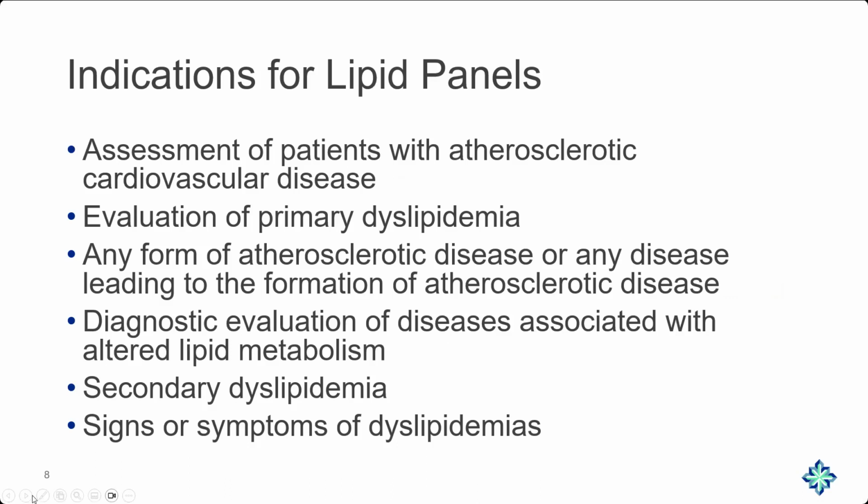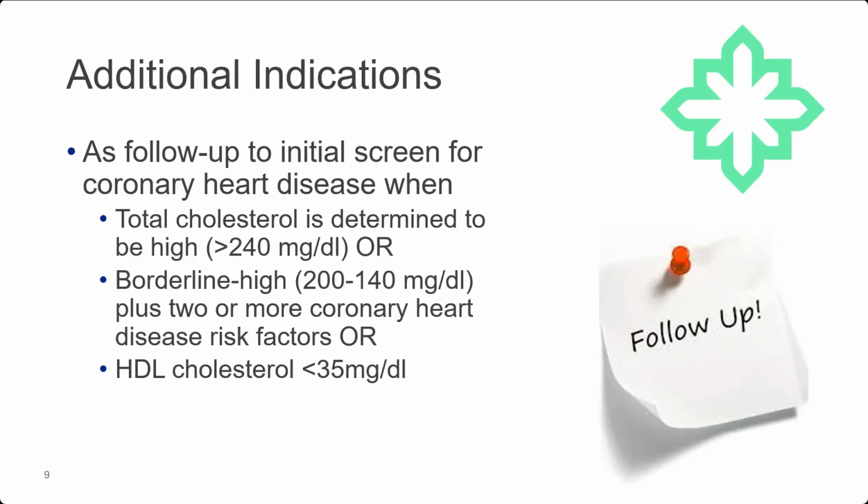Okay, so continuing on to the next slide. Some of the additional indications as a follow-up to an initial screening for coronary heart disease: total cholesterol plus HDL cholesterol is used when the total cholesterol is determined to be higher than 240 milligrams per deciliter, or it's considered to be borderline high.